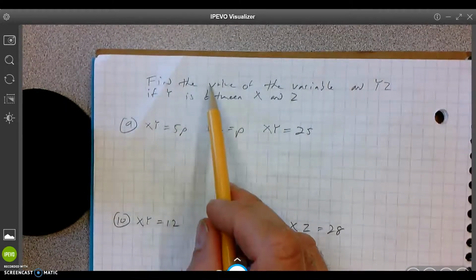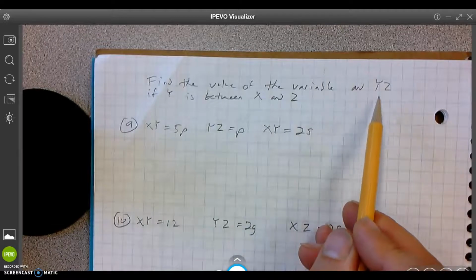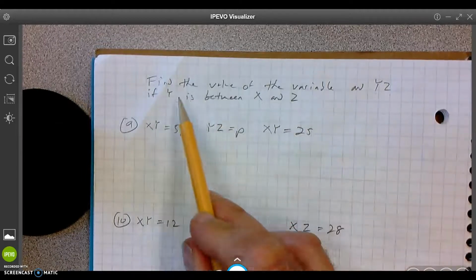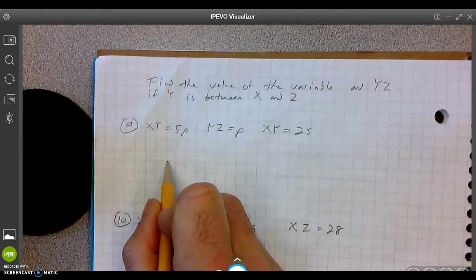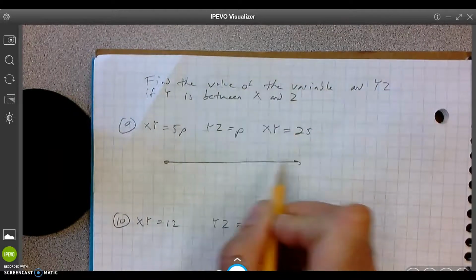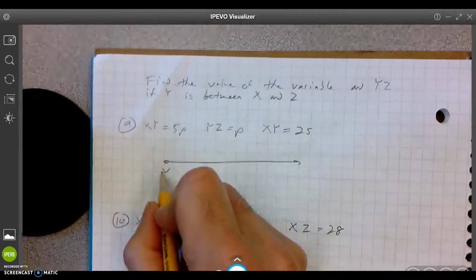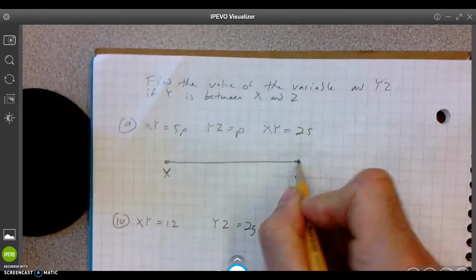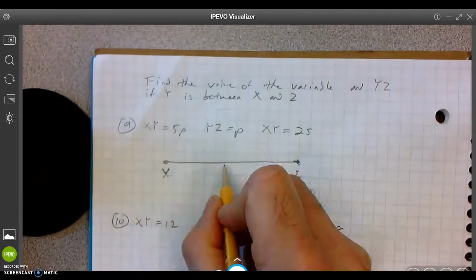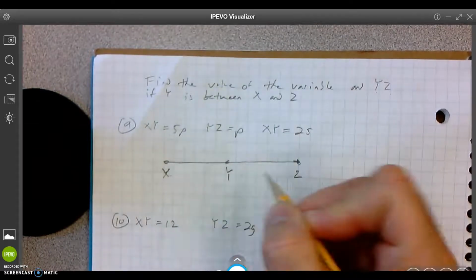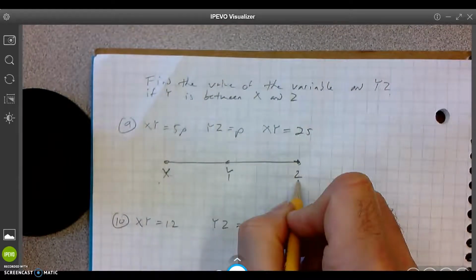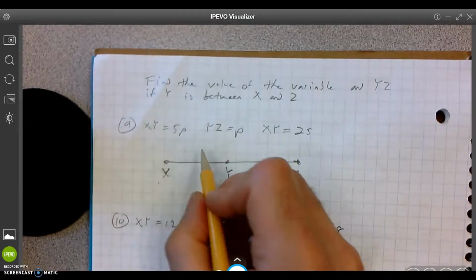Okay. Find the value of the variable and YZ if Y is between X and Z. So X and Z here, and Y. X, Y, Z. Okay, that makes sense. Y right there. So X, Y, Z. XY is 5p.